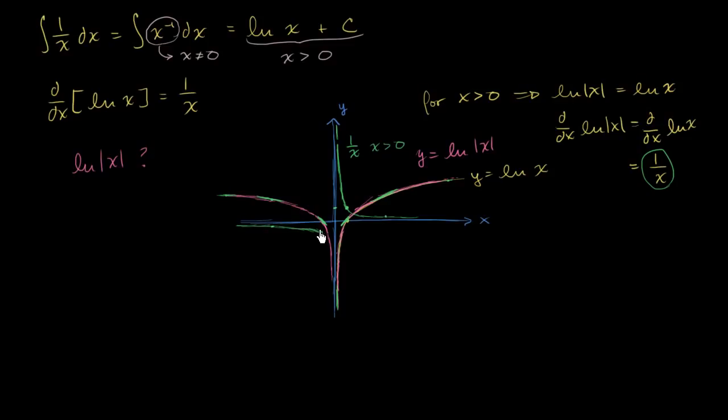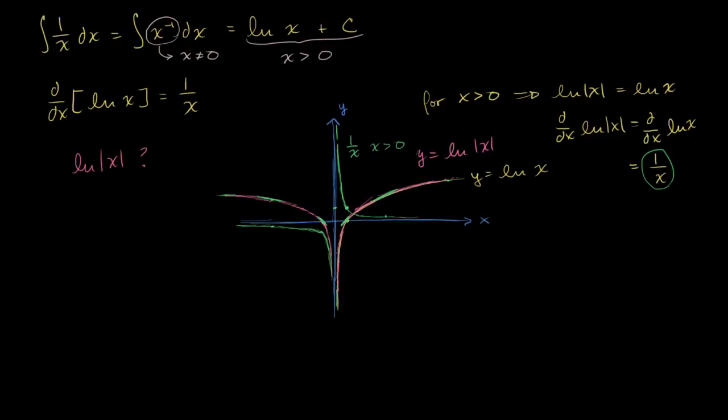Once again, it's not an ultra rigorous proof, but what you see is that the derivative of the natural log of the absolute value of x is equal to 1 over x for all x not equaling 0.